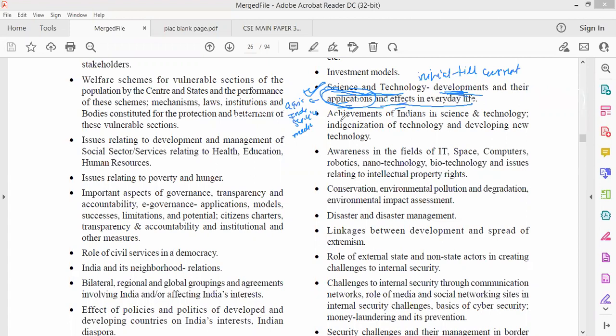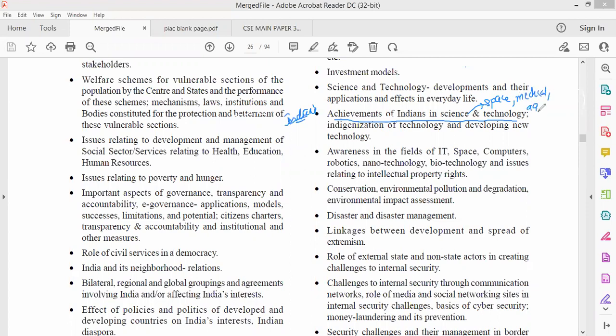Now the second topic of science and technology is the achievements of Indians in science and technology. Here we are talking about Indianization: what is the achievement of India in different fields of science and technology, be it space technology, medical, agriculture, nuclear, or defense. Various fields we are talking about.